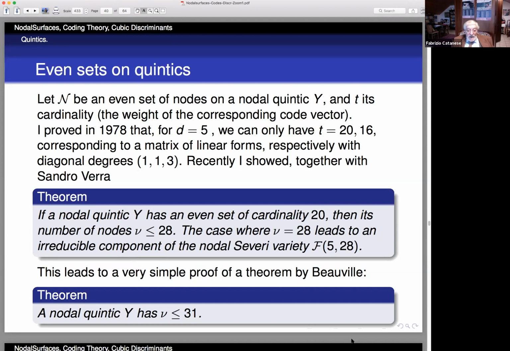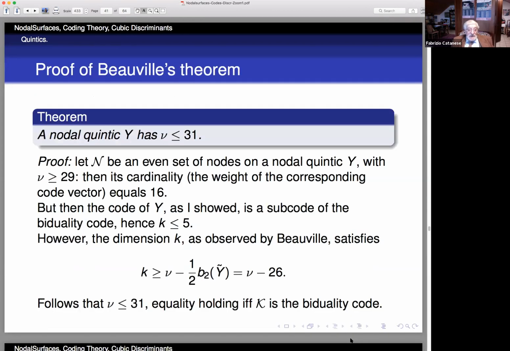So assume that it has at least 29 nodes; then an even set of nodes has cardinality 16. But I showed in the beginning that if the weights of a code are powers of 2, then we have an inequality, that it is a subcode of the biduality code. Therefore, k is at most 5.